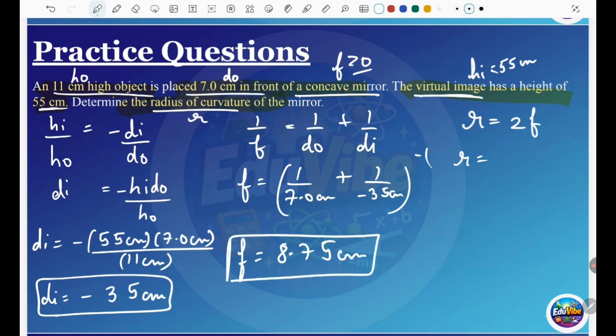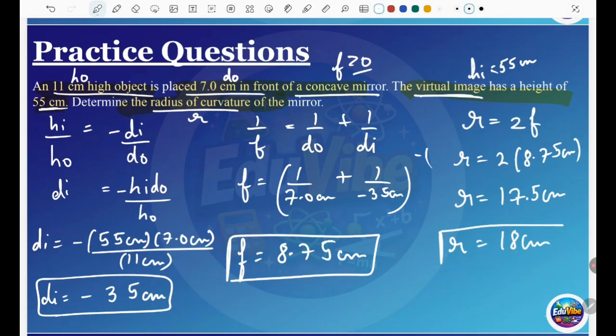Focal length is also positive because we have a concave mirror. So you have to double this to find the radius of curvature. When you double this, you get about 17.5, but you want 2 significant digits, so your R is equal to 18 centimeter.